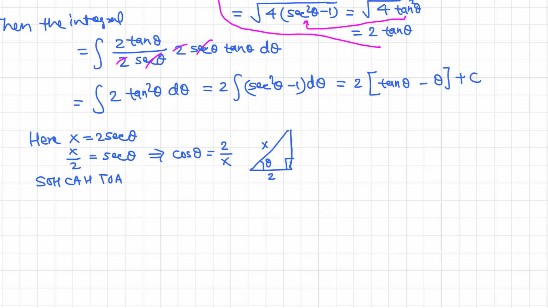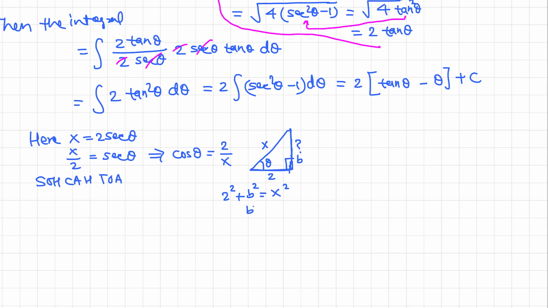The opposite side is missing, so we need to find this side, call it b. From the Pythagorean theorem, a squared plus b squared equals c squared, so 4 plus b squared equals x squared.